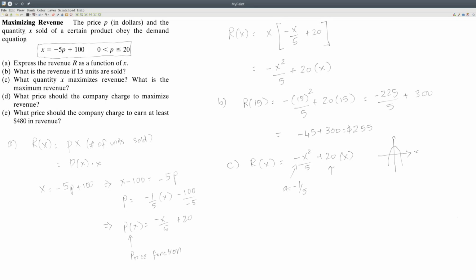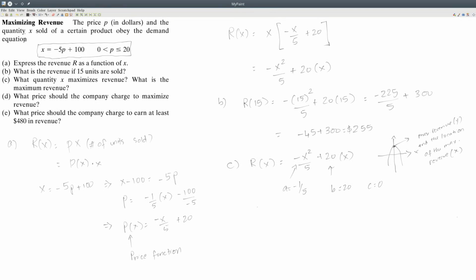The coefficient b is 20 and c is 0. So the vertex is going to give us the maximum revenue, and the location of the maximum revenue. So the maximum revenue would be the y value. The location of the maximum revenue would be the x value.